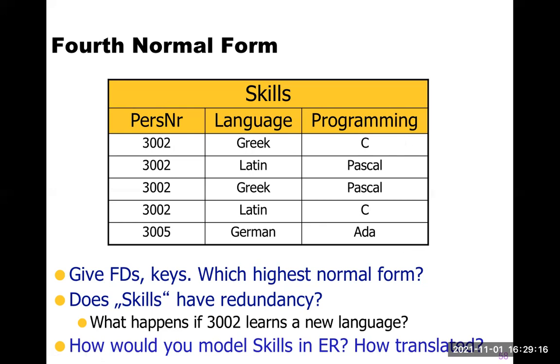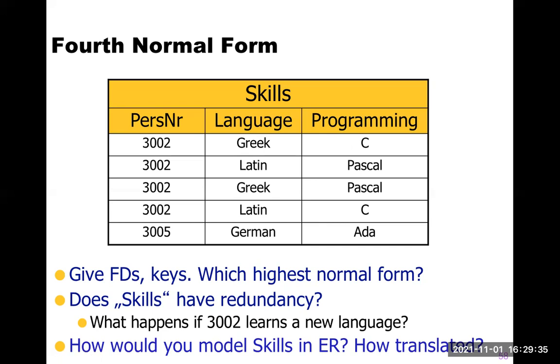So for a table that consists of a key only, let's check first normal form. Yes, it conforms to first normal form, only atomic values. Second normal form: complex key, but no non-key attributes.